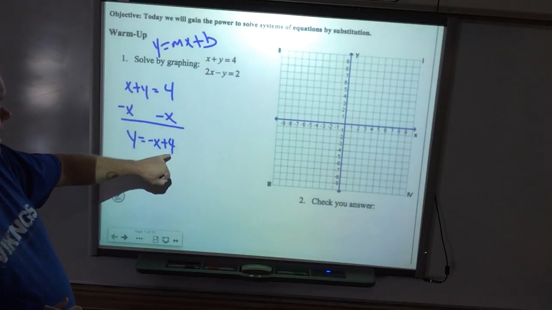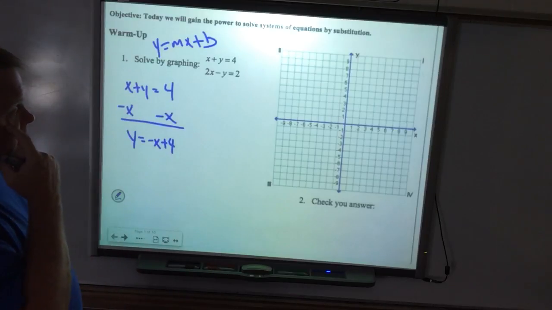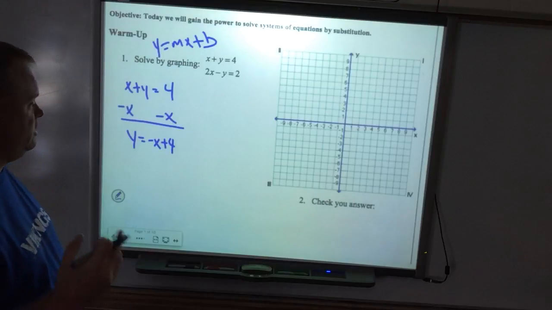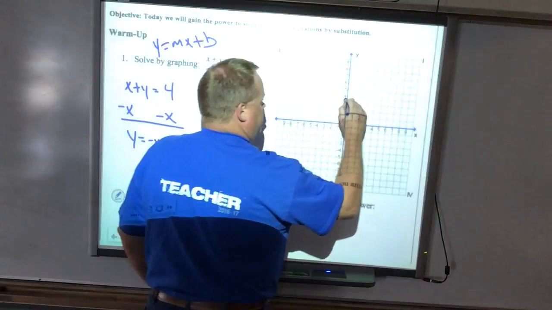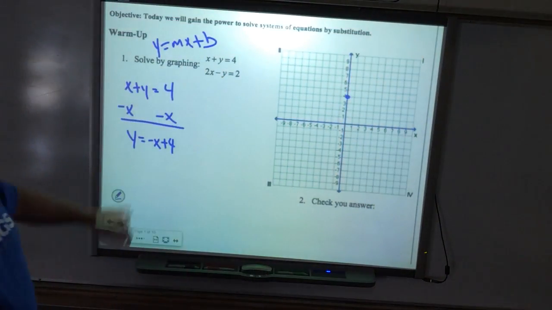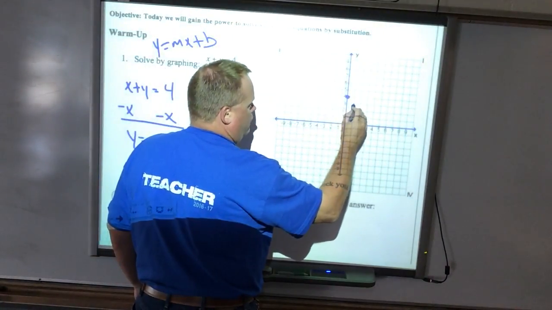So I'm going to go ahead and plot my y-intercept. I lost my train of thought there for a second, but you know me. So we're going to plot that y-intercept. It is the point (0, 4). My slope is negative 1, so I'm going to go down 1 and over 1.